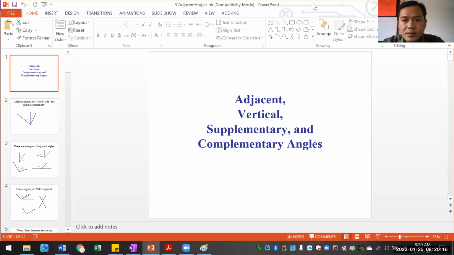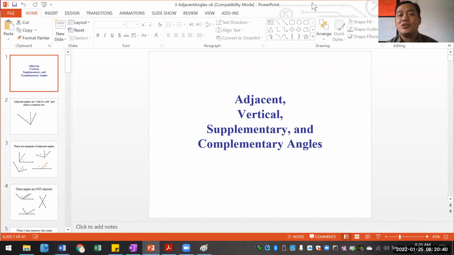Okay, here we go. So this is going to be the title of our lesson today: adjacent, vertical, supplementary, and complementary angles. I'm pretty sure that most of you just heard these words, right?